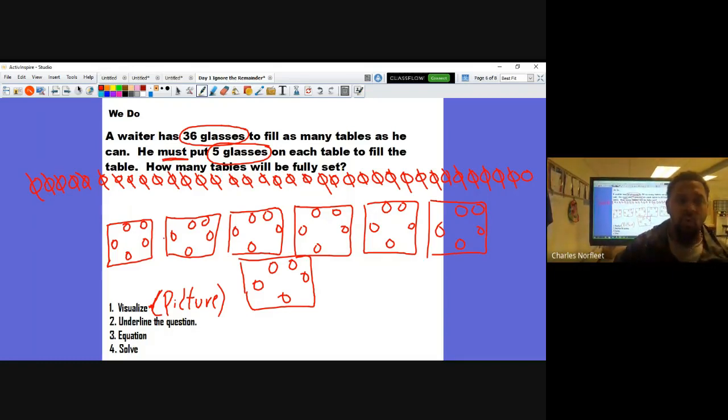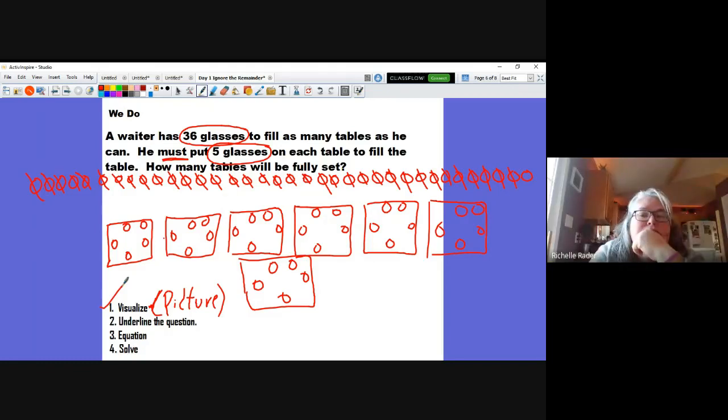So let's move to the next step. We drew the picture and we visualized. What is our next step here? Ms. Rita, if you can call on somebody. Jose. Jose just turned his camera off, so maybe he doesn't hear.